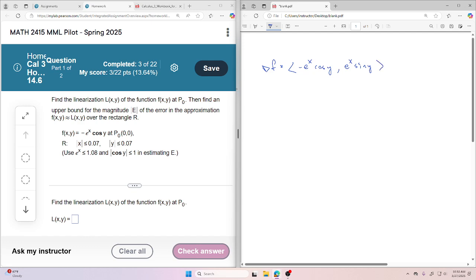Sweet, and that's it. And again, we're plugging in 0, 0. So then we get negative 1, I believe, and then this would just be 0. So those are my slopes for the linearization.